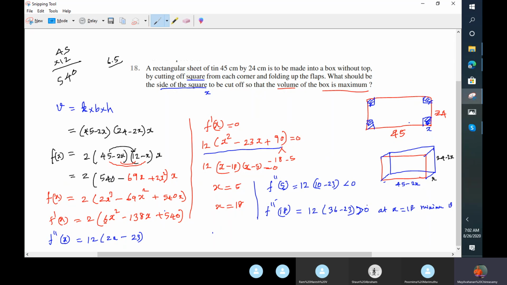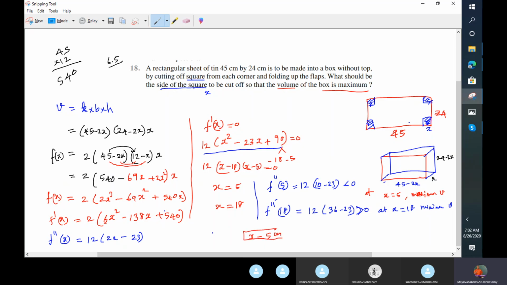So what's your answer? x equal to 5 is the answer. At x equal to 5, we get maximum volume.